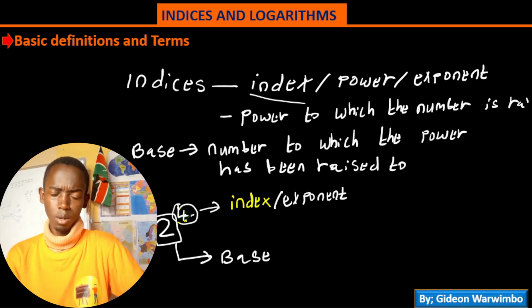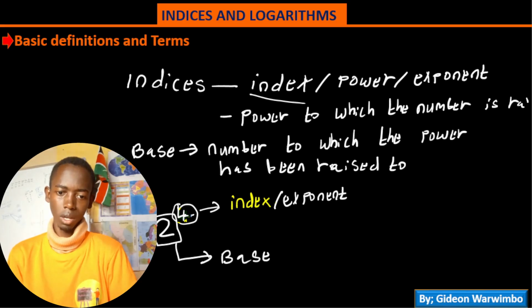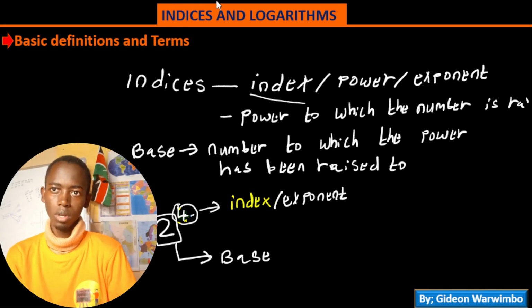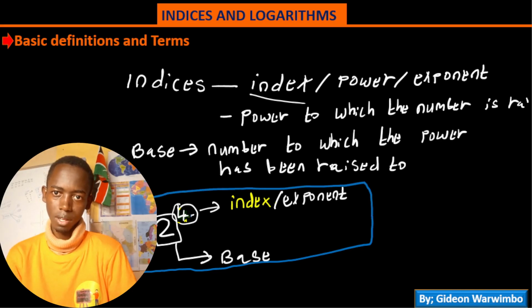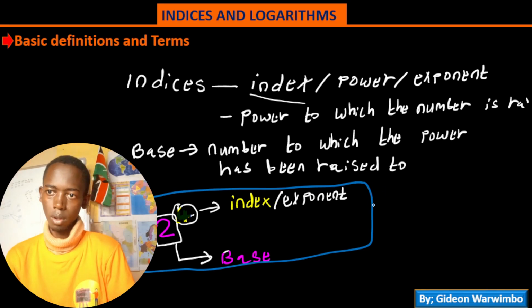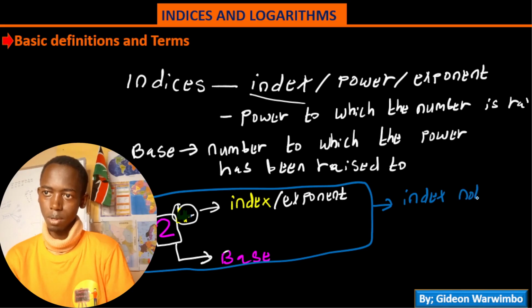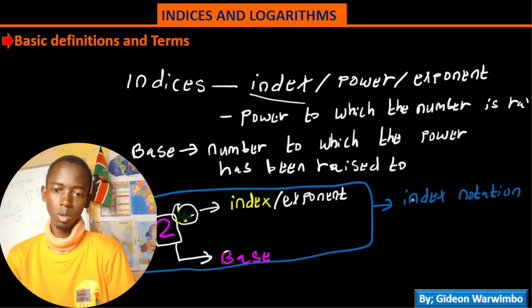But there are also other terms that we are going to use in this topic quite a lot, and one of them is index notation. You see what we have right here, the whole of this, the index and the base combined together in that relationship. That is what we call the index notation. It's very important to understand that because we are going to use it quite a lot. This is like the technique of expressing numbers in terms of powers.